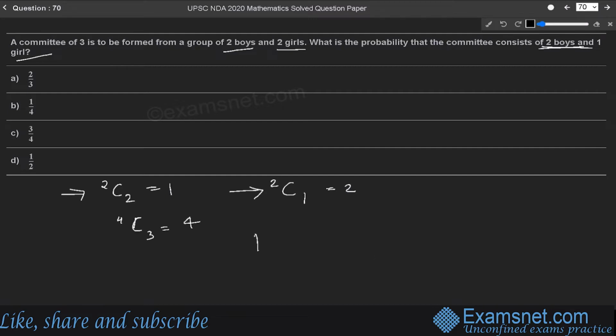Therefore, the required probability will be 2C1 into 2C2 upon 4, which is equal to 2 into 1 upon 4, which is equal to 1 by 2. So this is the correct probability for the given question. So the correct option is option number D, 1 by 2.